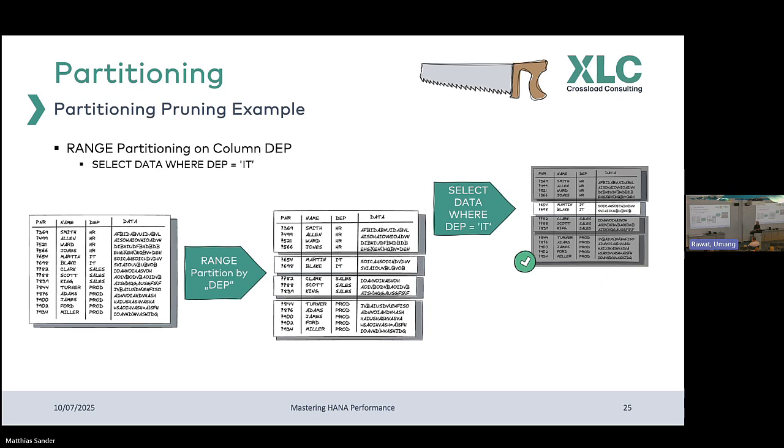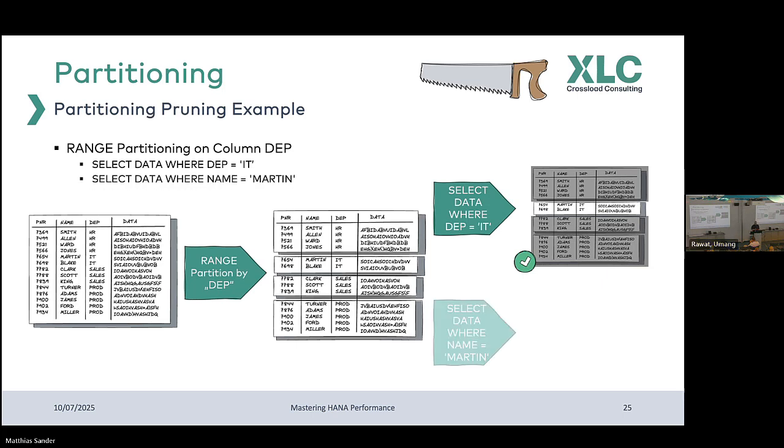If I do select data where department is IT, all the other partitions which are not IT will be pruned, so they will not be read by the SQL statement. In the end, it will be much faster because the HANA database only has to read a very small partition. The IT department is normally smaller than all the other ones.